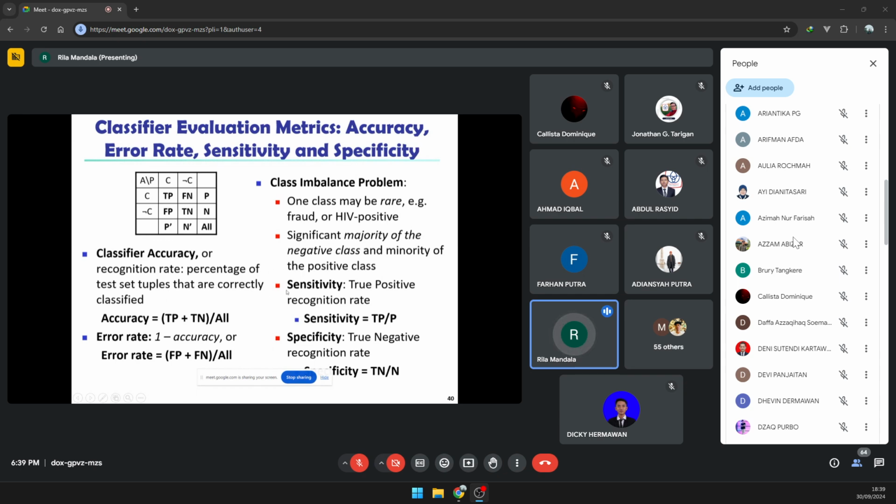Okay, we also have the measurement called sensitivity. Sensitivity is the true positive recognition rate. Using the formula, sensitivity is equal to the true positive divided by all the positive data. It means true positive divided by true positive plus false negative.